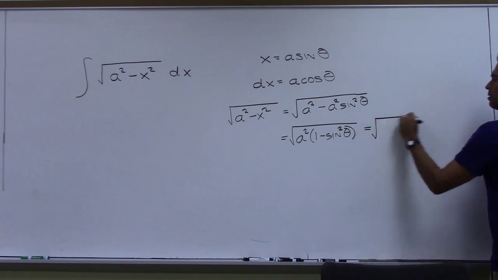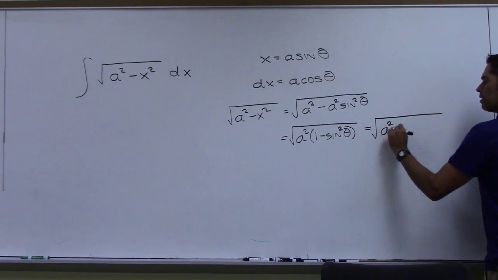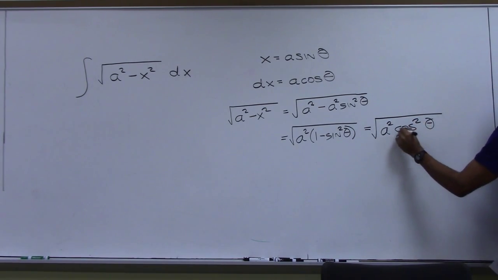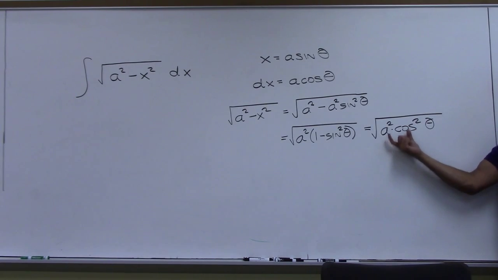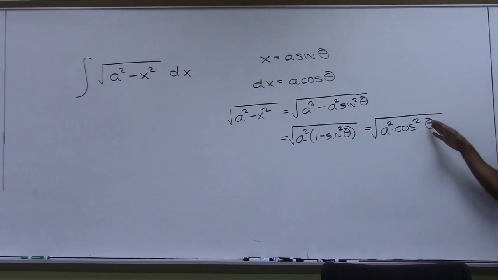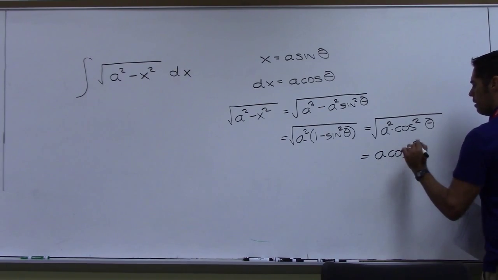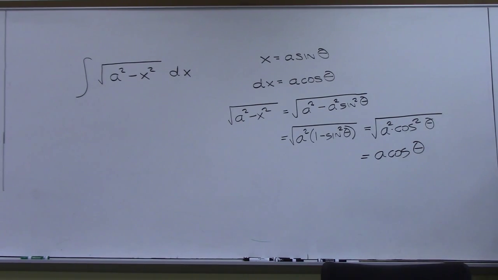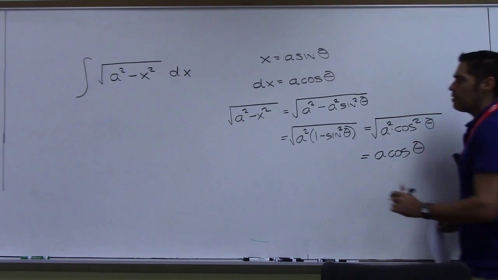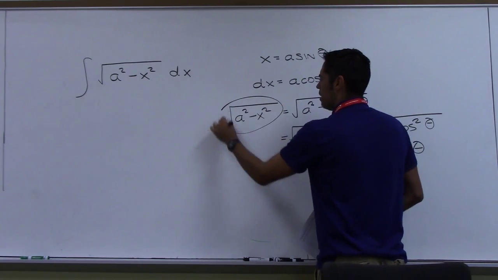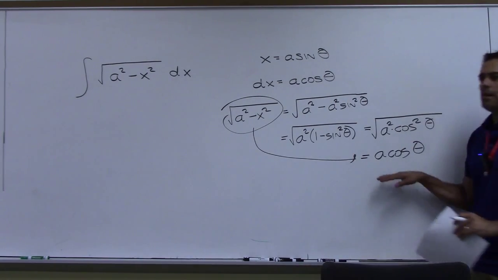So you have square root of a squared cosine squared theta. Now you have a product, two things being squared. You take the square root of each one, you get just a cosine theta. And that's it. So those are our three pieces, remembering that this simplifies to be this.